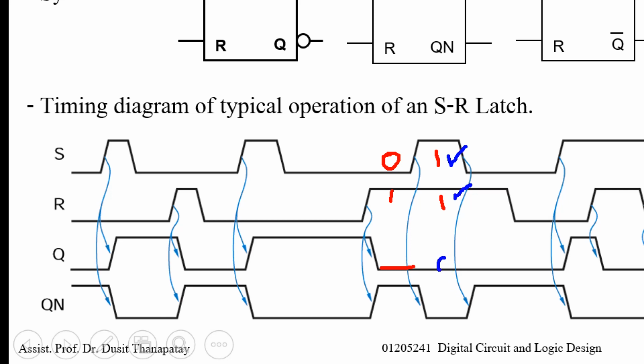Now Qn is the same value as 0, 0. And 0 at here, 1 at here. What happened? Reset, right? Q is 0. Qn, opposite to Q, is 1. And 0, 0 at here. Okay, same value as the previous one, 0. So now it's 0 also.